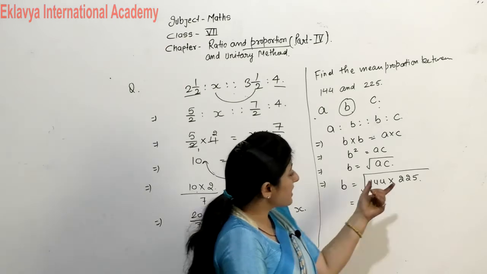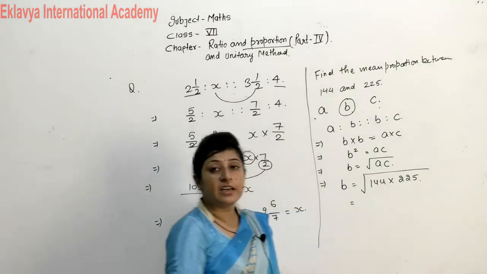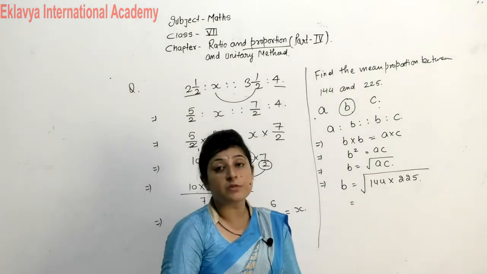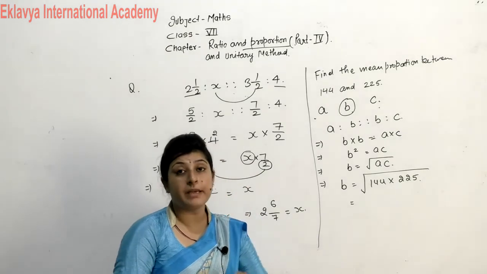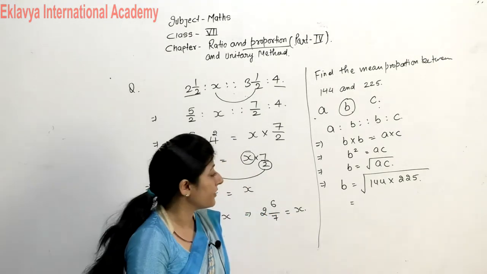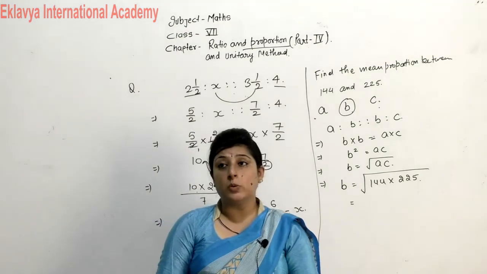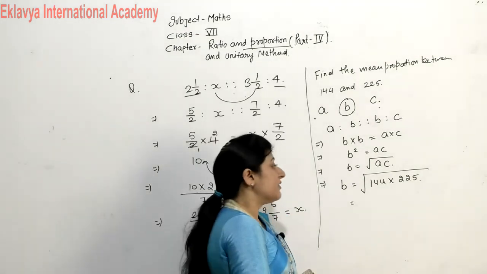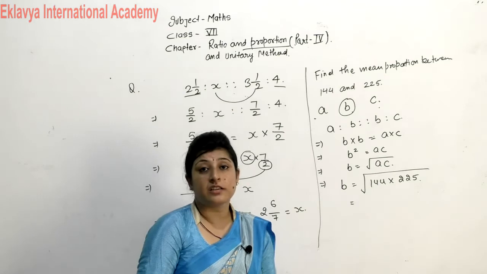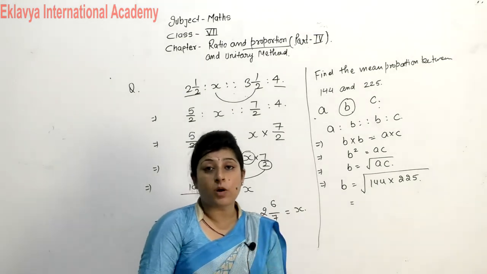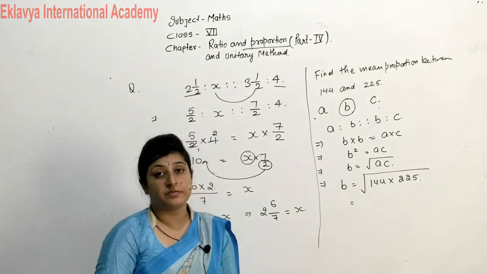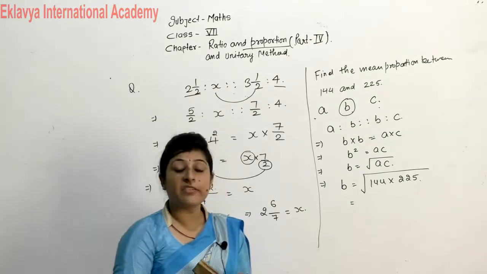If you multiply first, it may become very rigid to solve. So always try to learn the squares till 25.